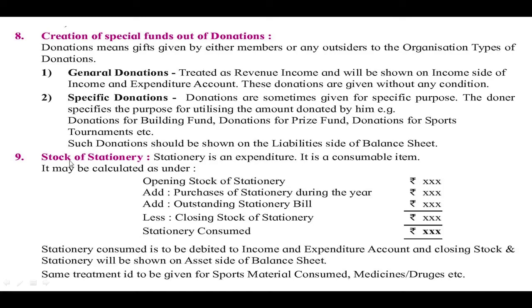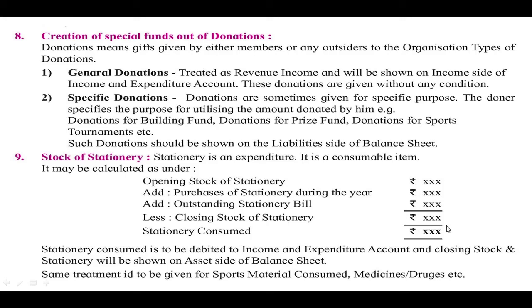Then the next point is about the stock of stationery. Now this stationery is an expenditure. So if the opening stock of stationery is given, to that we have to add stationery purchased during the current year. Also we have to add any outstanding stationery bill which is related to the current year. From these three amounts, we have to subtract the closing stock of stationery.